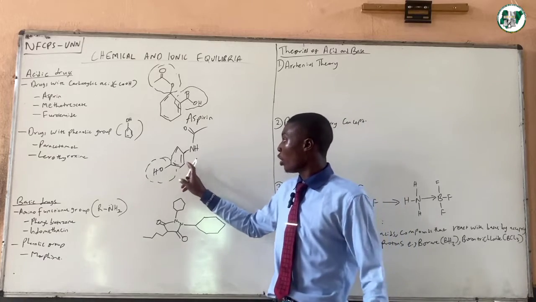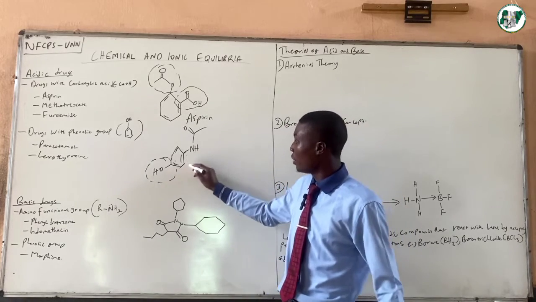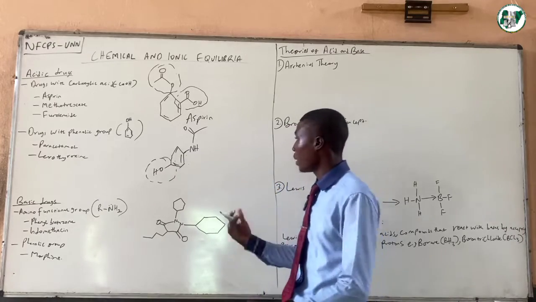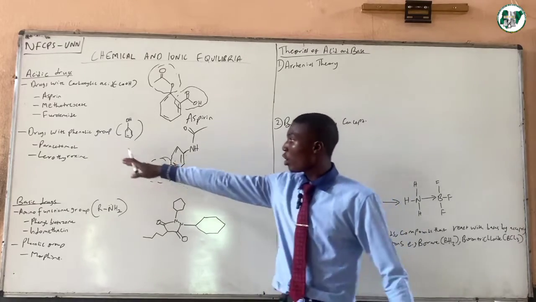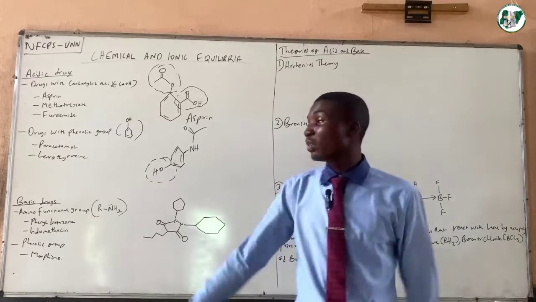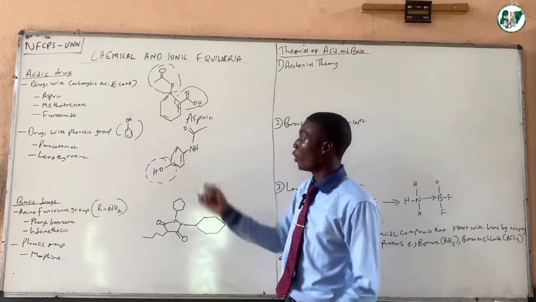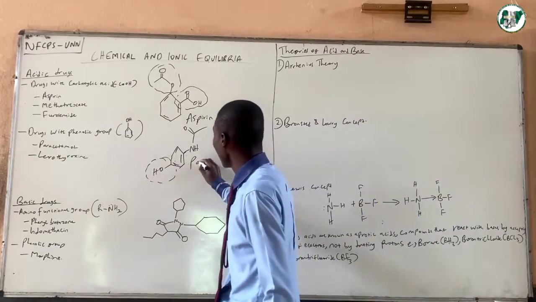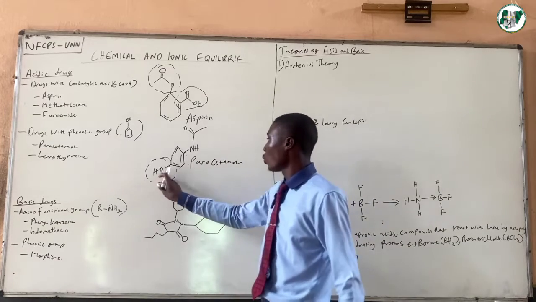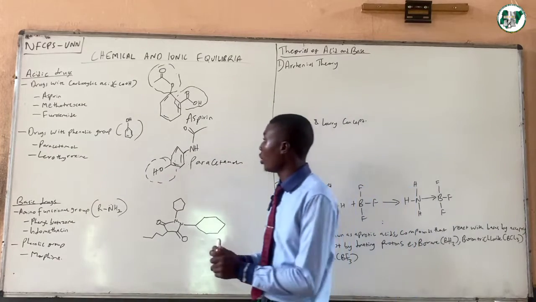The position 2 steps away from it is referred to as the meta position, and 3 steps away from it is referred to as the para position. So the reason this is called paracetamol is because the phenolic group is para to the amine group that is present here, this NH group.